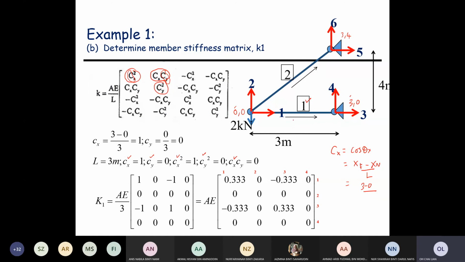The length is 3 meter. So Cx is 1. Cy is cos theta y, or you can use YF minus YN divided by the length. YF is 0, YN is 0, so it is 0.